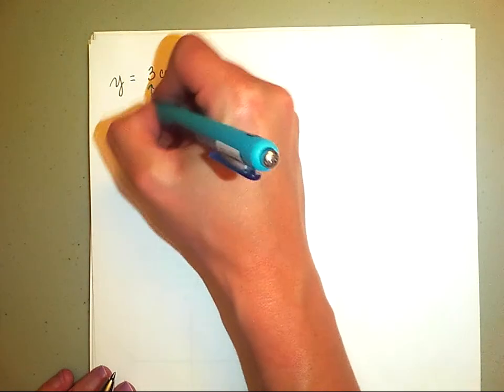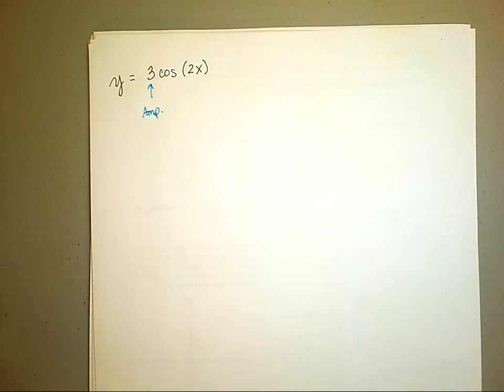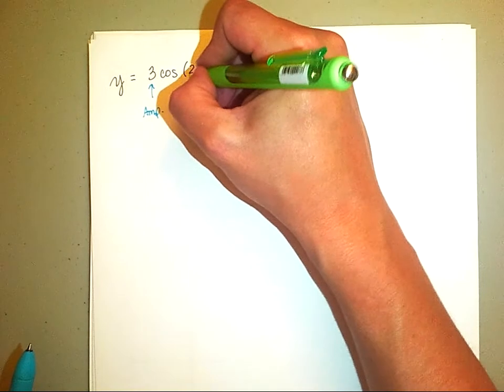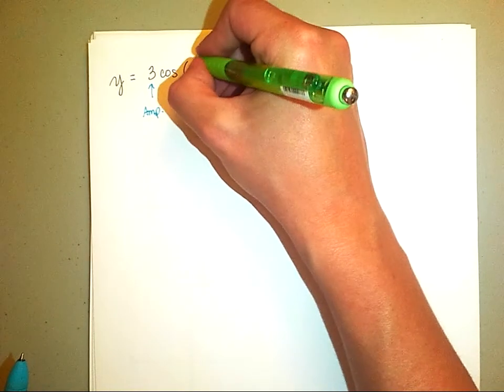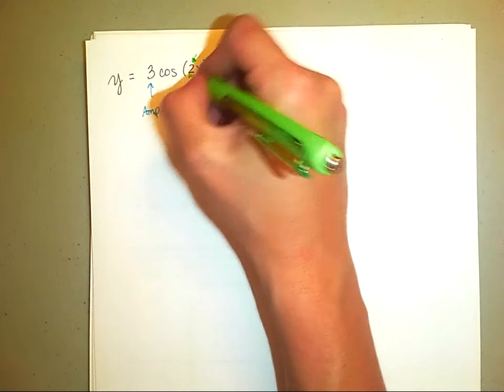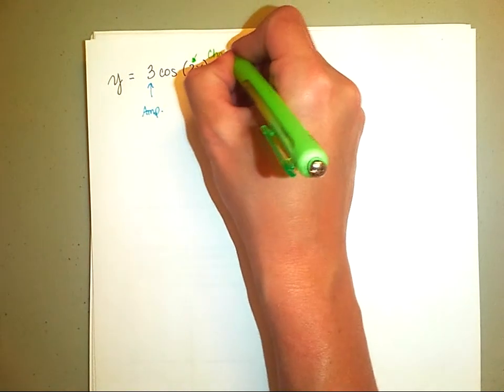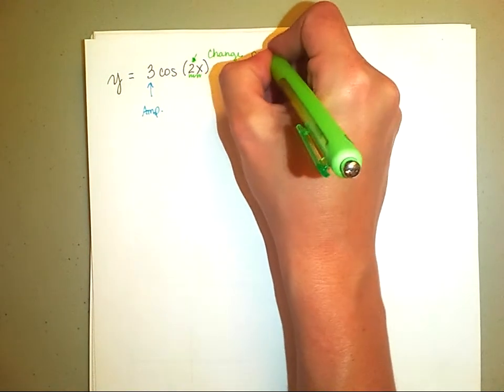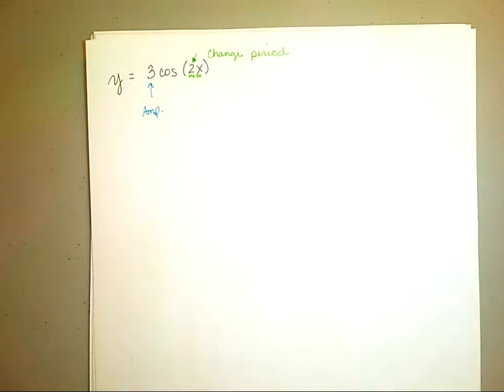We know this is going to change the amplitude. No problem about that. But what's this going to do? It turns out this 2 here, by multiplying, is going to change the period. That is, it's either going to shorten or elongate the cycle.